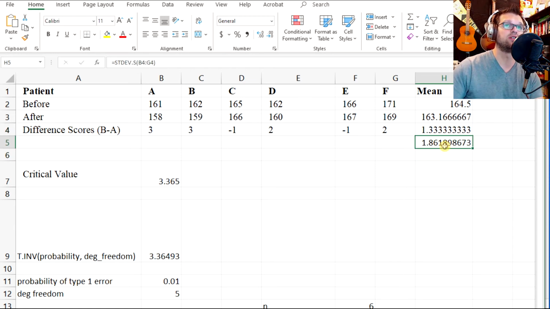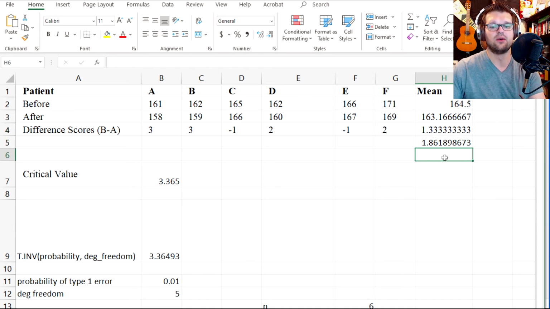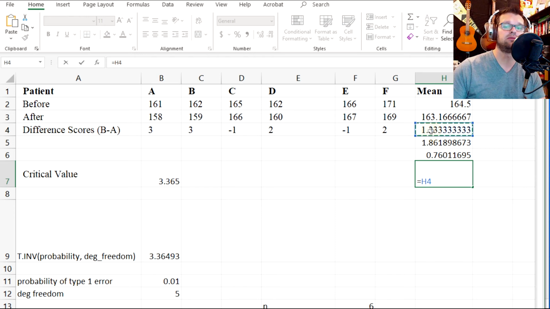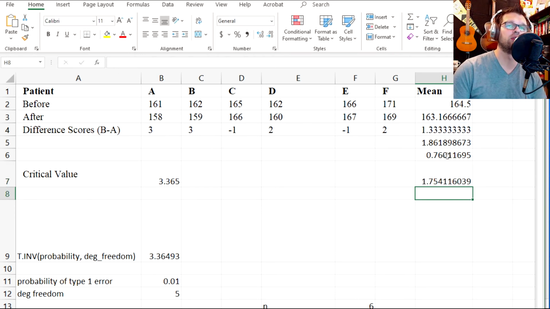So this right here is the standard deviation, and so equals the standard deviation divided by the square root of 6. So that's the standard error. And so now if we take the mean of the difference score and divide it by the standard error, that's going to give you your t-calculated value, right there.